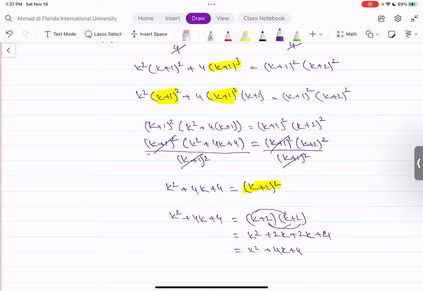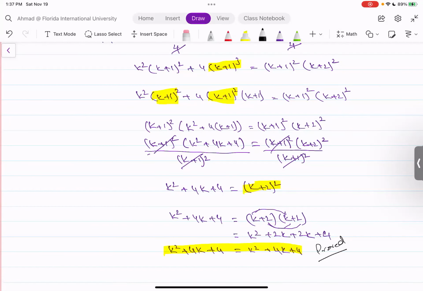That turns out to be equal to the left hand side, which is k square plus 4k plus 4. So we have proven that left hand side is equal to the right hand side. That means this is proved by mathematical induction, that if this was true for k, it is also true for k plus 1 value, right? That's how we have done that.